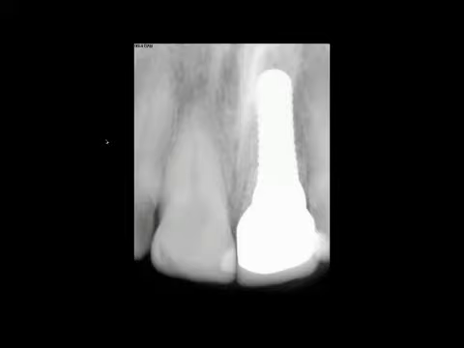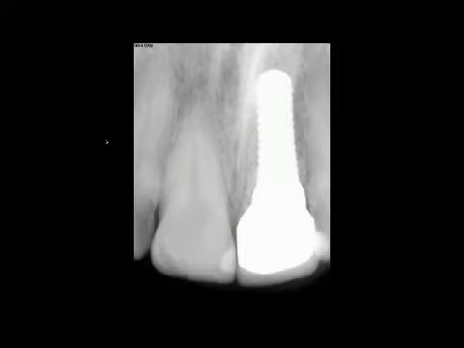And this is the final radiograph with the crown on. And what I want you to notice is the emergence profile of that tooth, and it's a very wide tooth. You can almost not tell where the implant starts and where the crown starts. And I'm sorry, this is not an Emax crown.